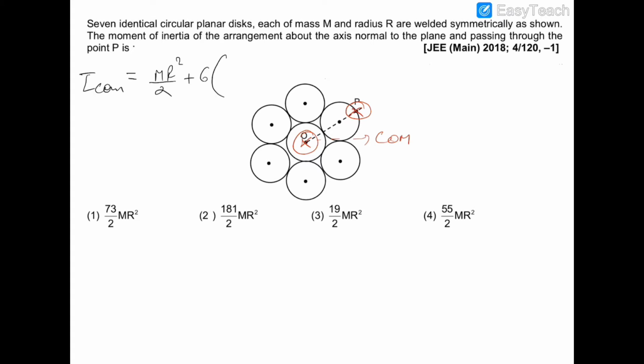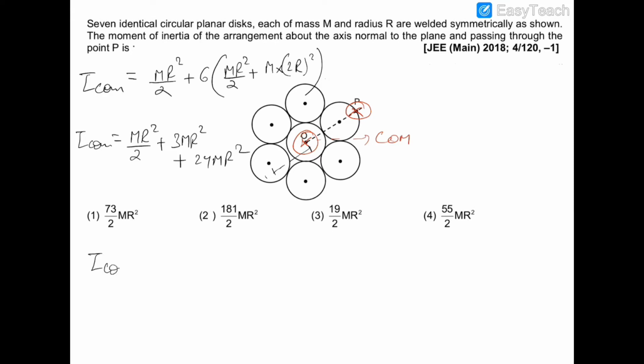So the moment of inertia of any one disk about the center of mass of the system would be m r square by 2 plus the distance, this one. So this distance is 2r. So this is plus m into 2r whole square. So ICOM will be equal to mr square by 2 plus this is 3mr square plus this is 24 mr square.